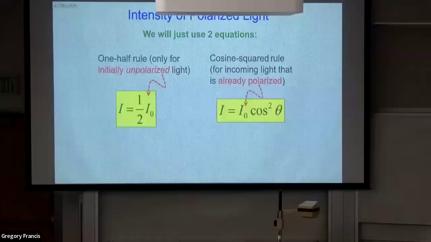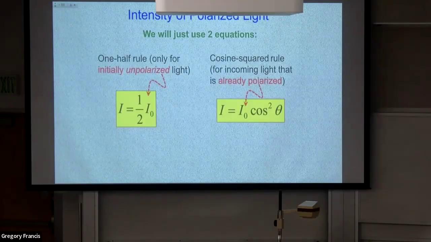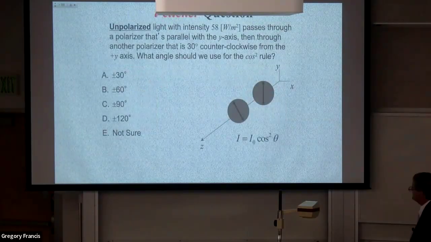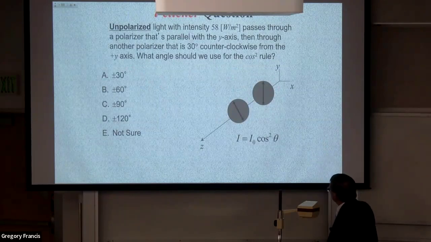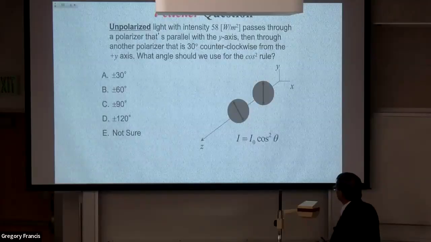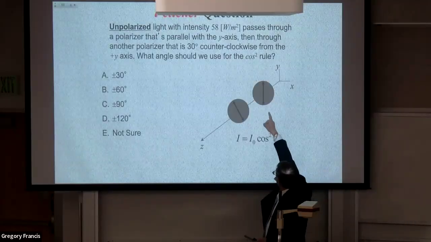If I go through a second polarizer, in other words, if I already have polarized light and I send it through a second polarizer, now I get this cosine squared rule that will be on the front page of your exam. And so as an example, if I start with unpolarized light with intensity of 58 watts per meter squared, and I pass it through a polarizer that's parallel with the y-axis, that's this first one here.